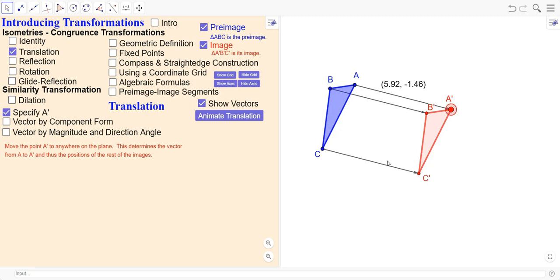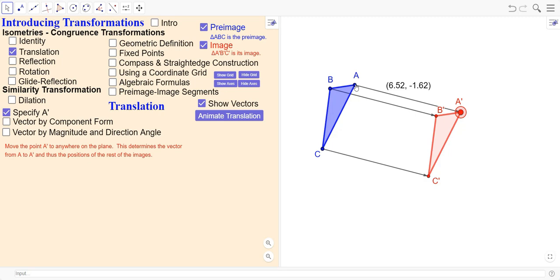These vectors here are considered the same vector if they have the same distance, the magnitude, the length, and also the same direction. That is, they make the same angle with the horizontal. Right at the moment, this is the vector 6.52 comma negative 1.62.